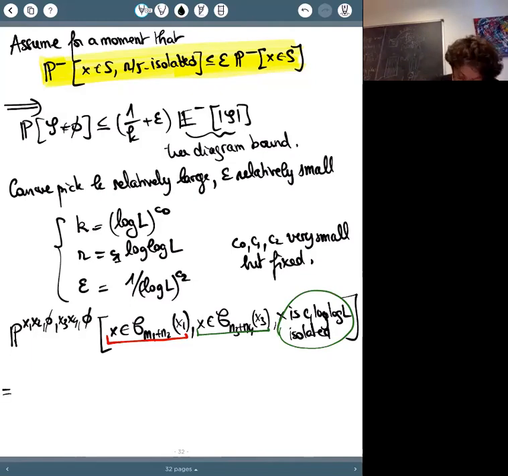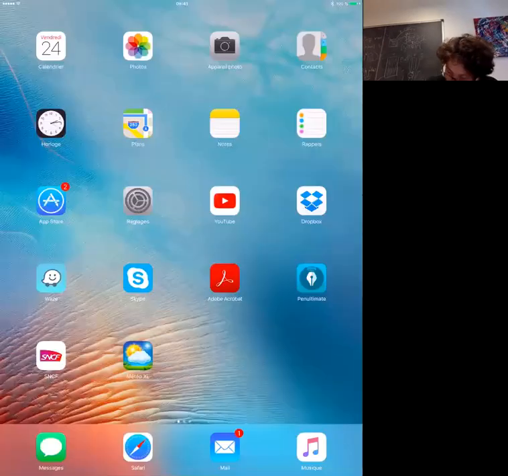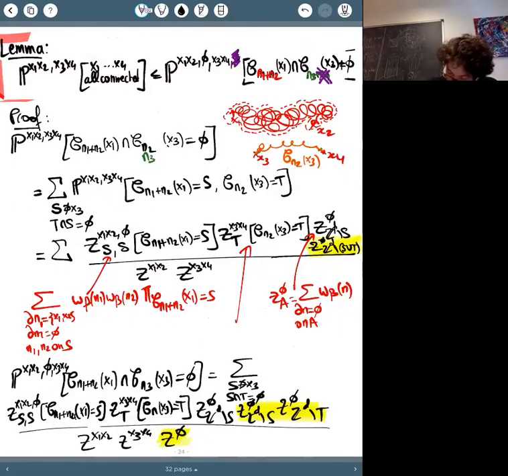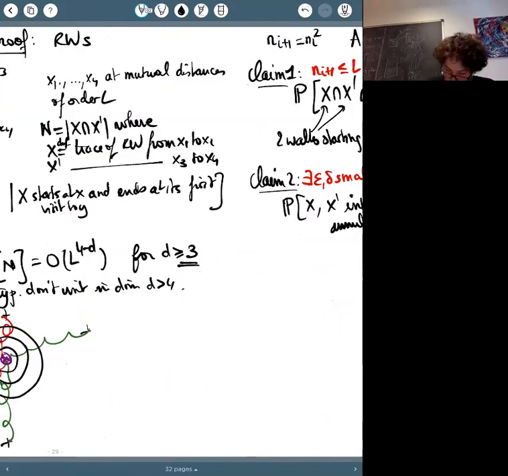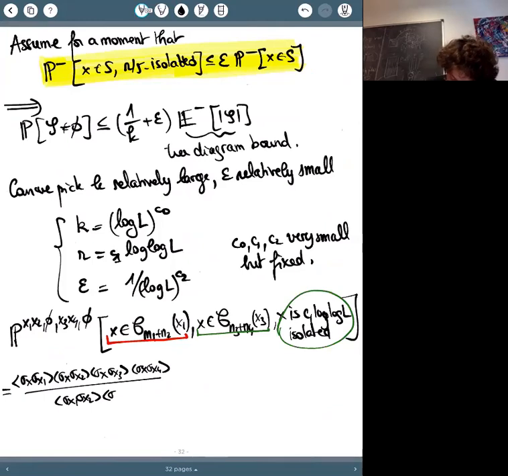You end up with sigma x1 sigma x, sigma x2 sigma x, sigma x3 sigma x, sigma x4 sigma x, divided by sigma x1, sigma x2, sigma x3, sigma x4, and here you get the probability with sources x1x, x2x, x3x, x4x of the same event, that x is C1 log L isolated.